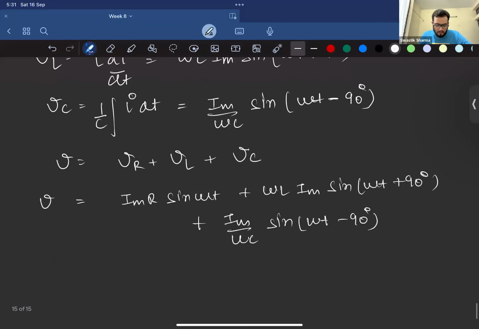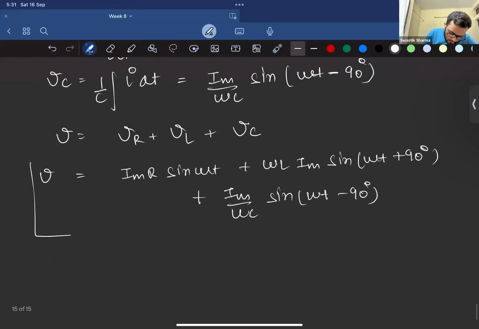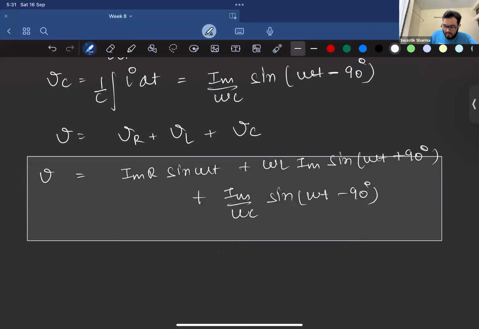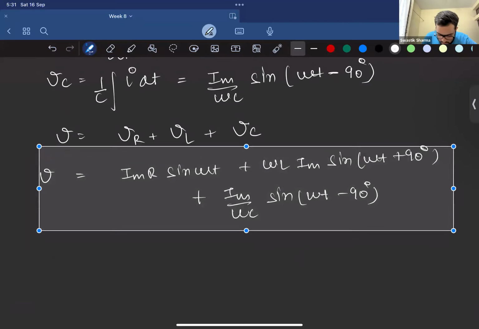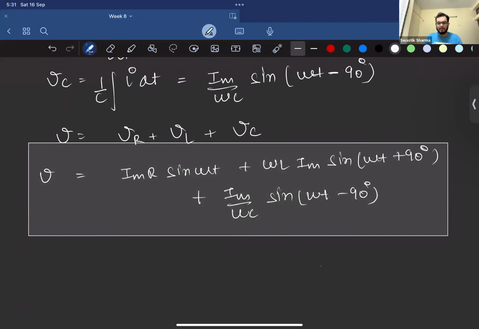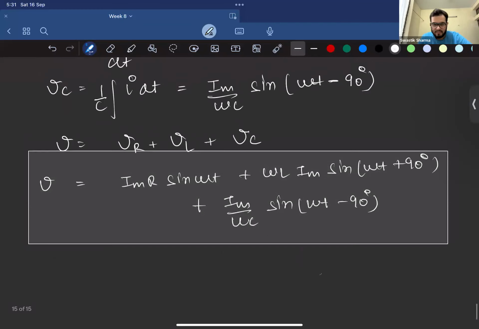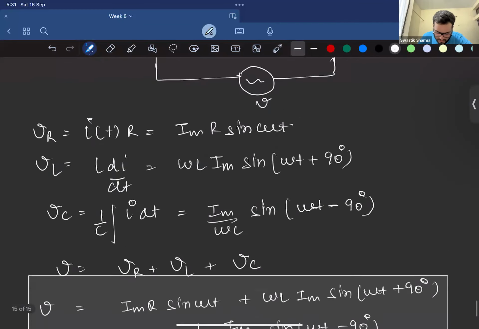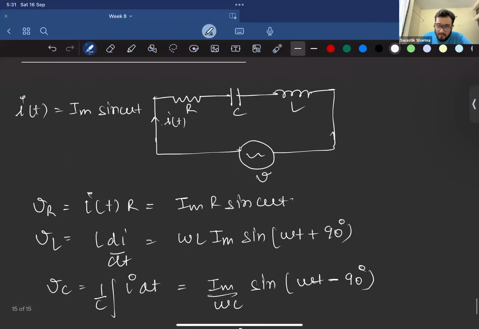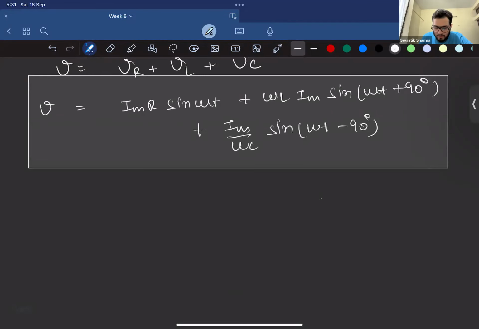That's how you represent the circuit, but this is a crude way of doing it. You know the value of I, so you calculated VR, VL and VC and got this equation. But what we are interested in is how the impedance is going to look.